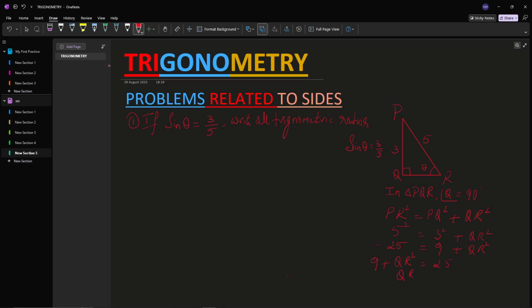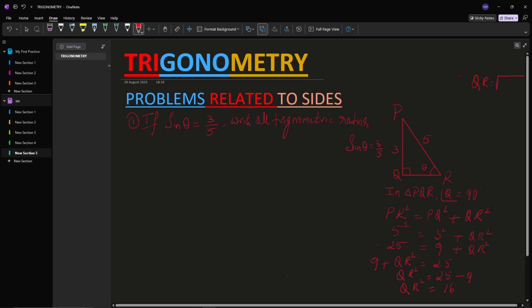Now shift that 9 to this side. QR square is equal to 25 plus 9. When it is shifted off the equal sign, it is minus 9. So QR square is equal to 25 minus 9, which is 16. Therefore, QR is equal to, shift that square, the square root of 16.